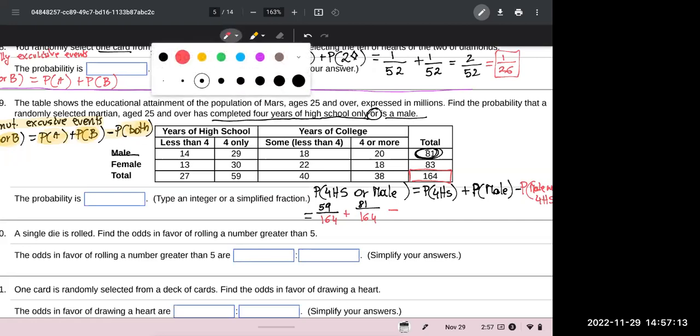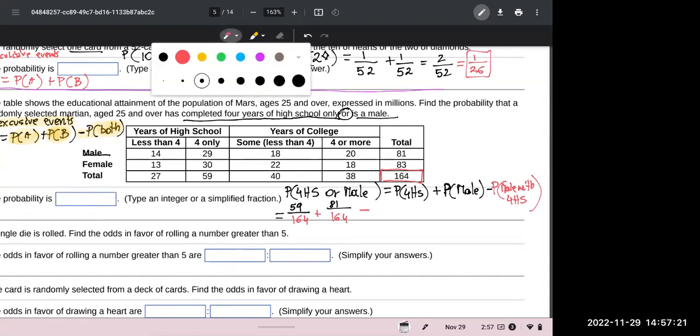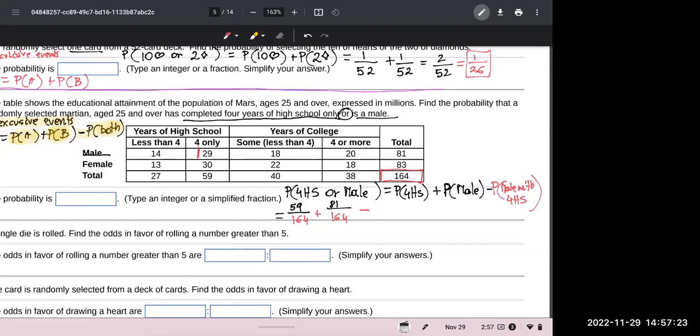minus probability of both, which means male with 4 years of high school. So male with 4 years of high school, there is 29. So minus 29 over 164. So like you see, the denominator always stays the same. And you will have to simplify that. So you copy the common denominator.